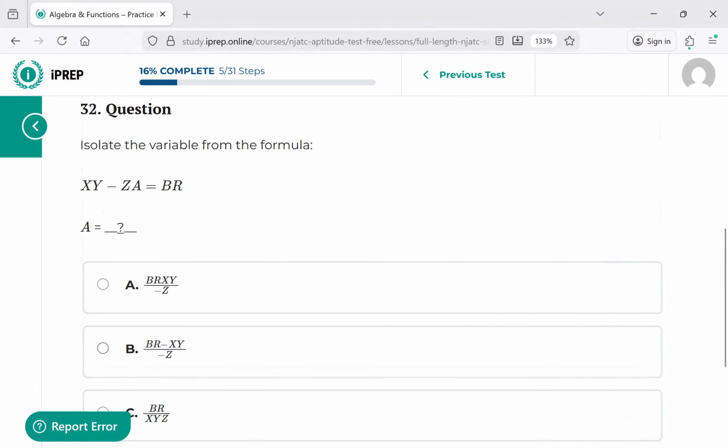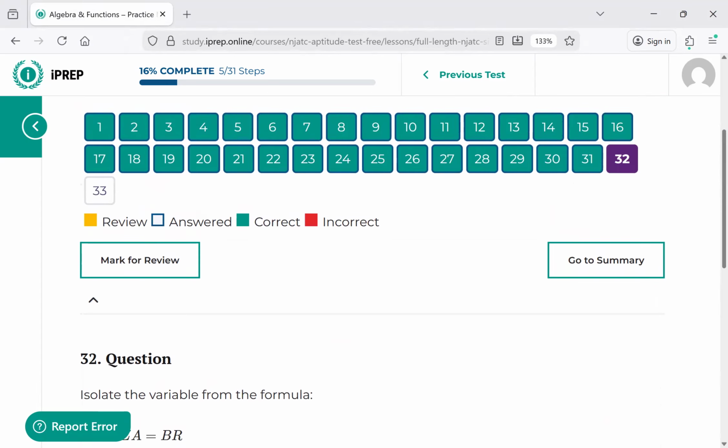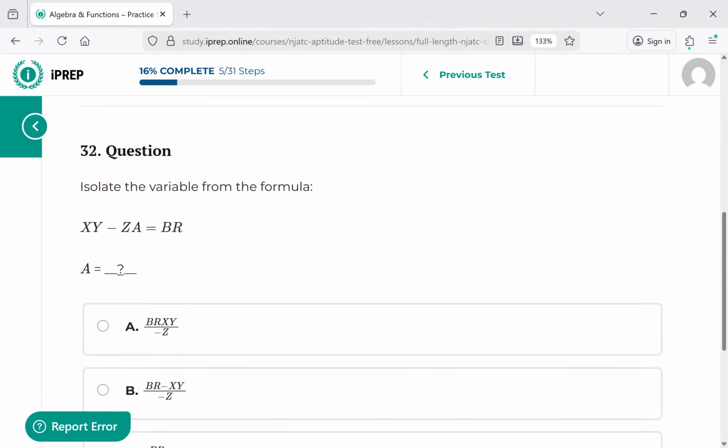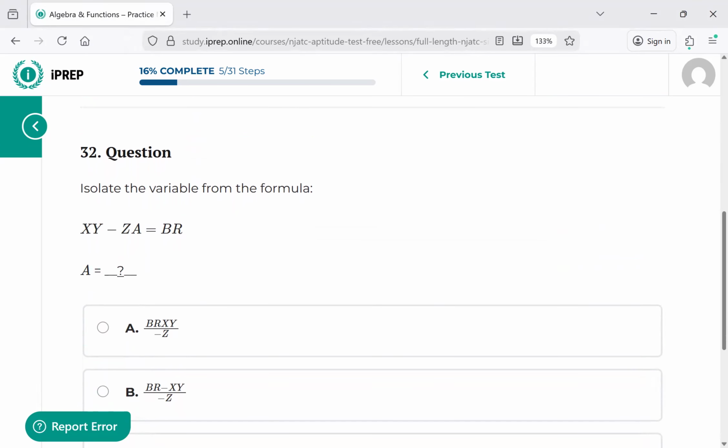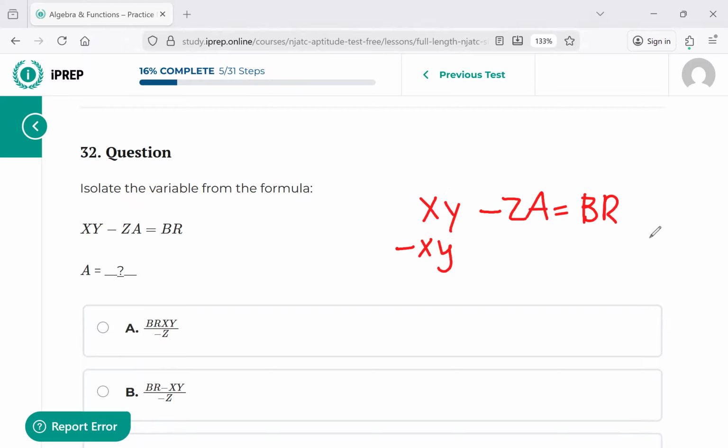Wait, last one. I think this is the last one. If x1 minus za equals b, what is a? So they don't give us any substitution. We just got to isolate a. So x1 minus za equals b, we gotta find a. So first thing I'm gonna do is get rid of this x1 by subtracting x1 from both sides.